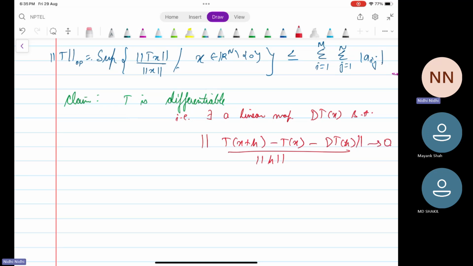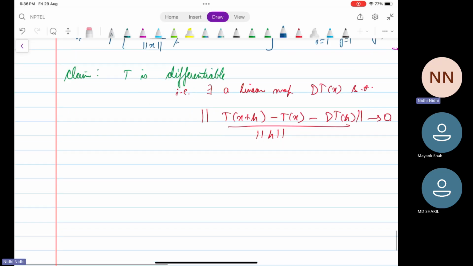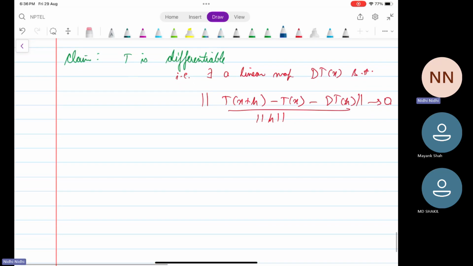If we are able to find such a linear map, then we say that our function is differentiable, and this dT is called the derivative. So here, let's look for such a linear map.